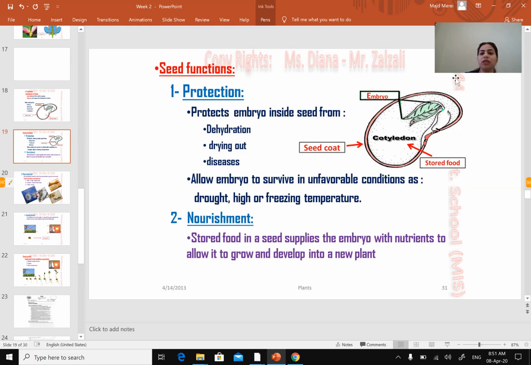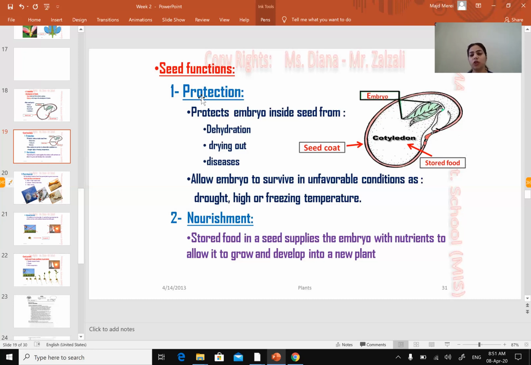With the seed coat. So protection, the seed coat, to be more specific, protects embryo inside the seed from what? From dehydration, from drying out, from diseases. So this will allow embryo to survive in unfavorable conditions, such as dryness, such as high temperature or freezing temperature.